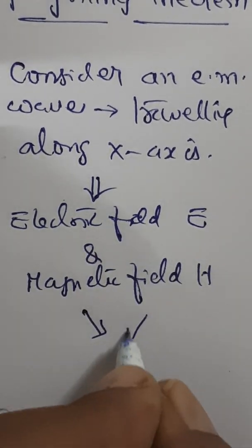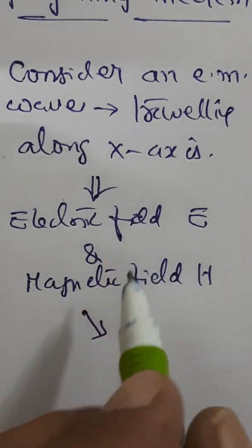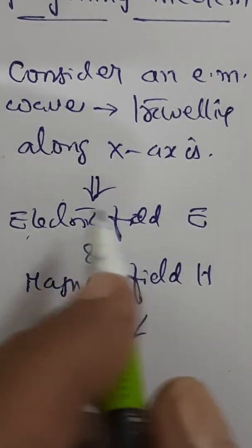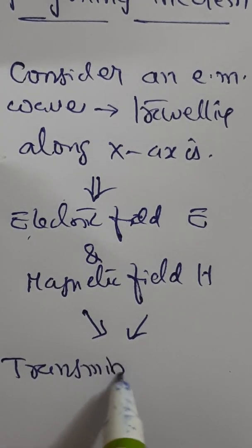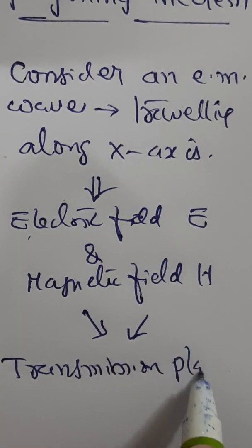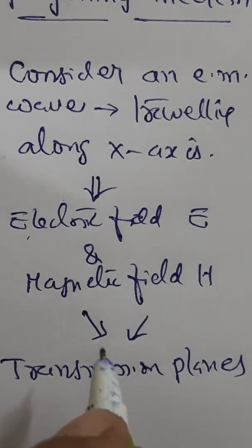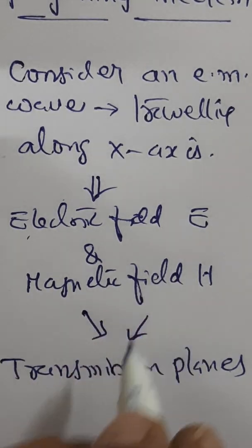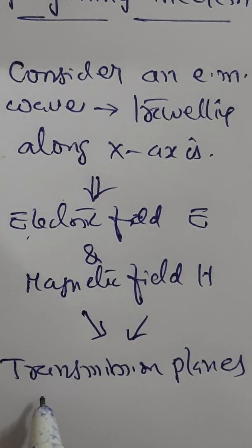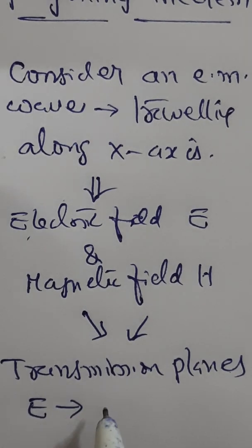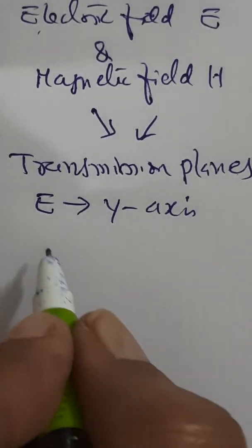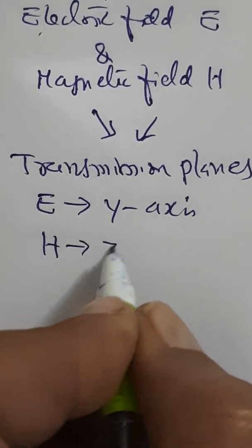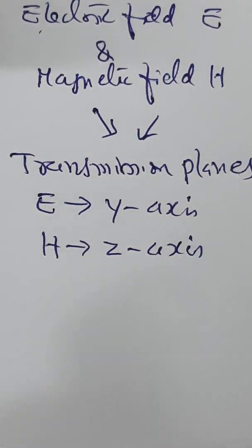Let us suppose these two fields confine themselves in two different transmission planes. So E is along the y-axis and H is along the z-axis.